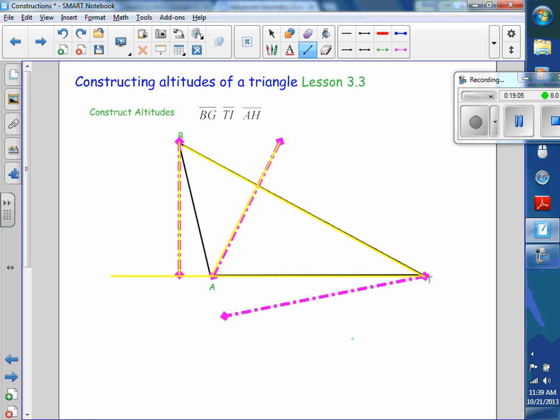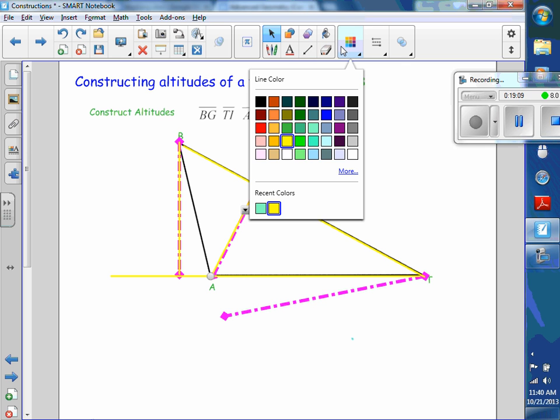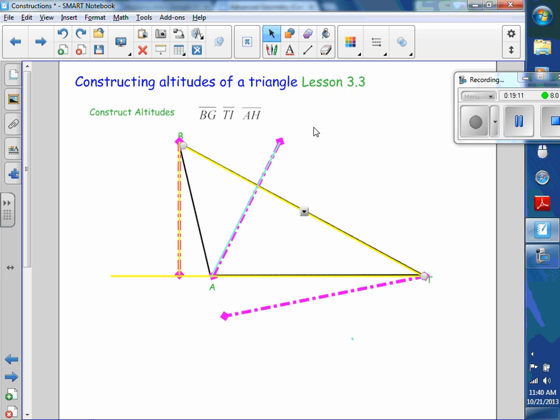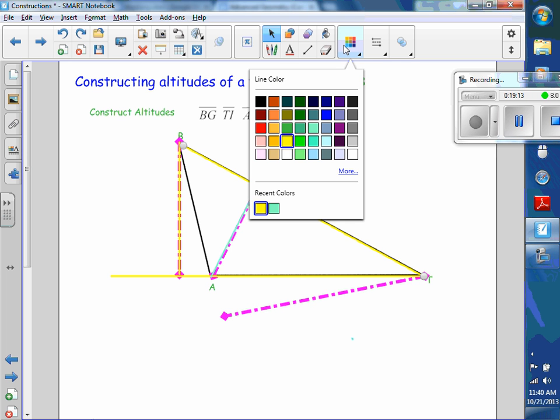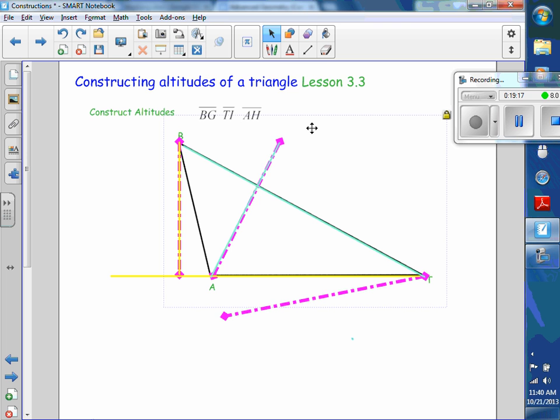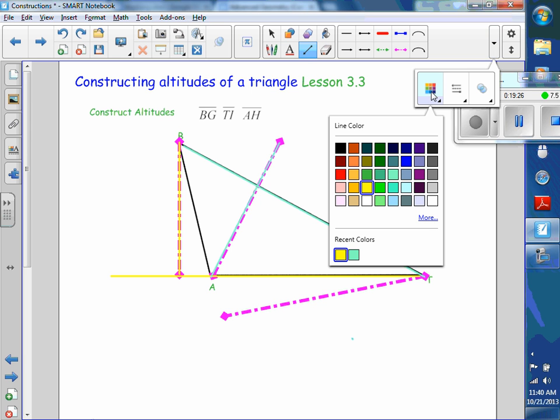And the third base, maybe it would be better to do a little color coding here. So that altitude goes with that base. The yellow altitude goes with the yellow base. And then if I did a third one, green.